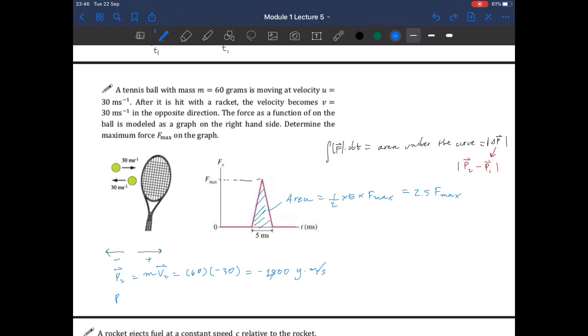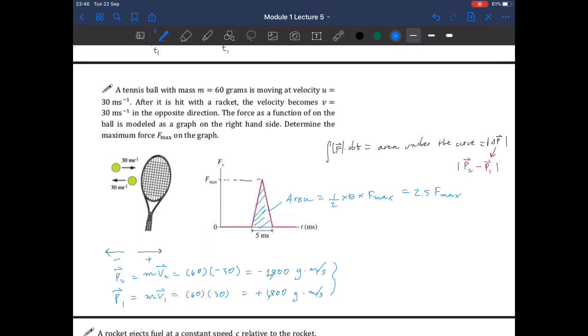And then p1 is equal to mv1, and that is again 60 multiplied by 30, which is a plus 1800 gram meters per second.